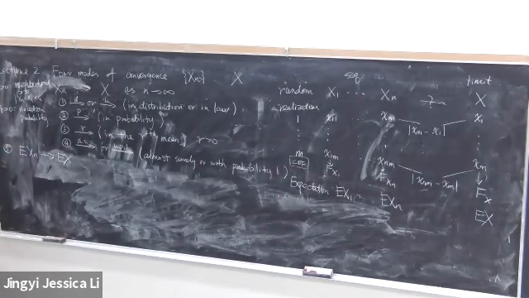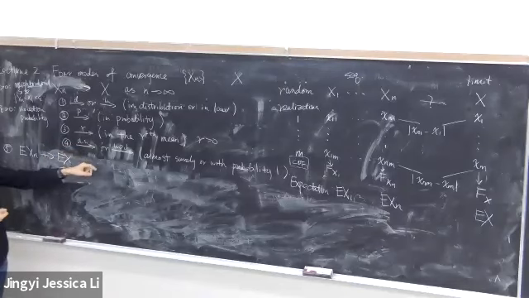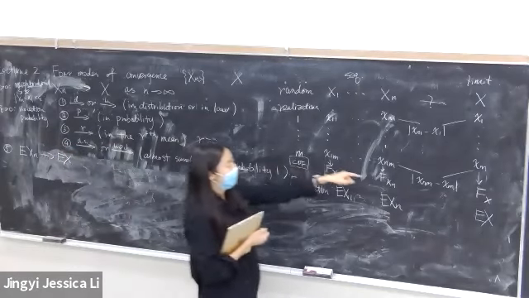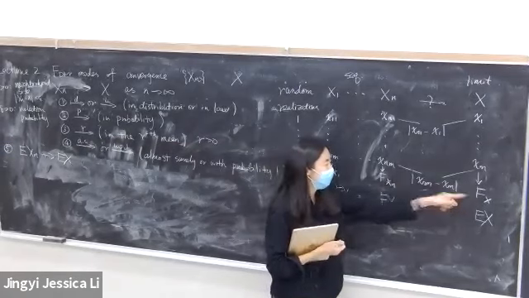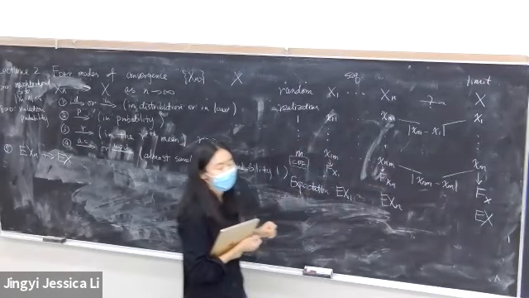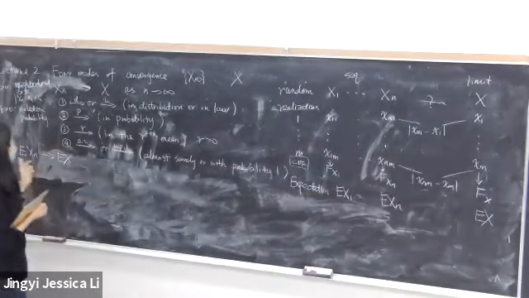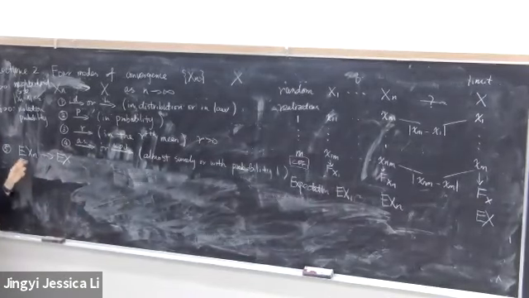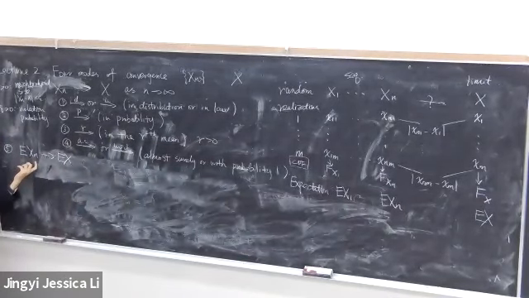But interestingly, we can have counterexamples where the strongest mode holds. We have almost sure convergence, so the sequence converges to the limit in every realization, but we don't have this convergence in expectation. You can think about why.